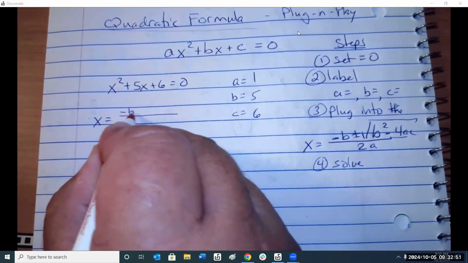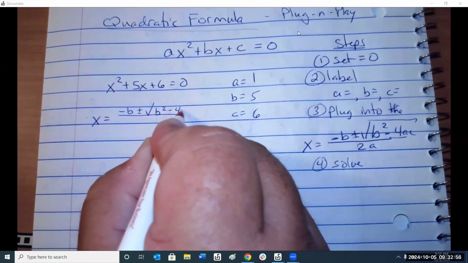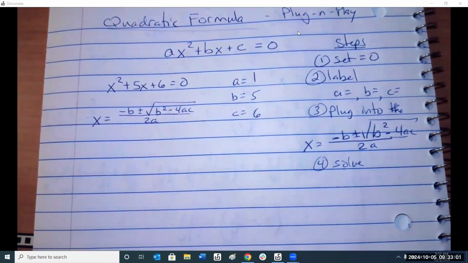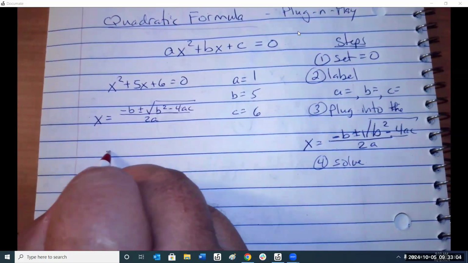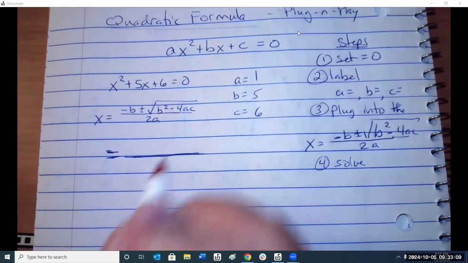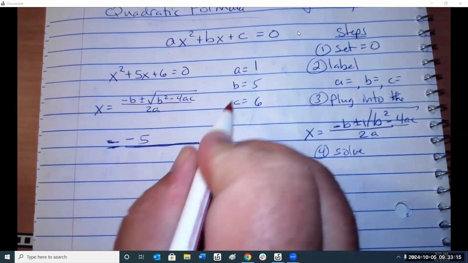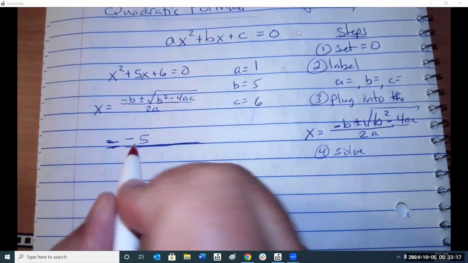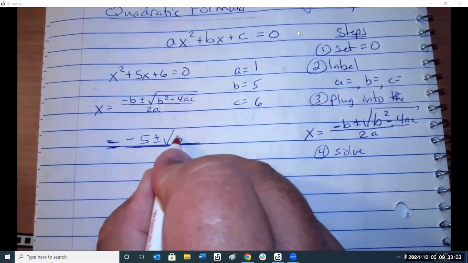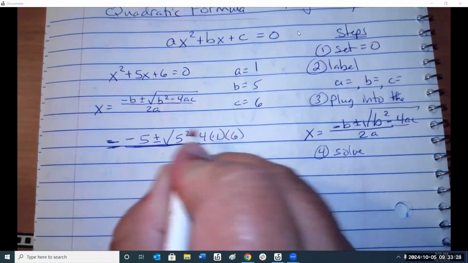So we have negative B plus or minus square root of B squared minus 4AC over 2A. That's the formula. So negative, what is B? B is 5. If B was -5, I'd put parentheses -5 inside there. Plus or minus the square root of 5 squared minus 4 times 1 times 6.